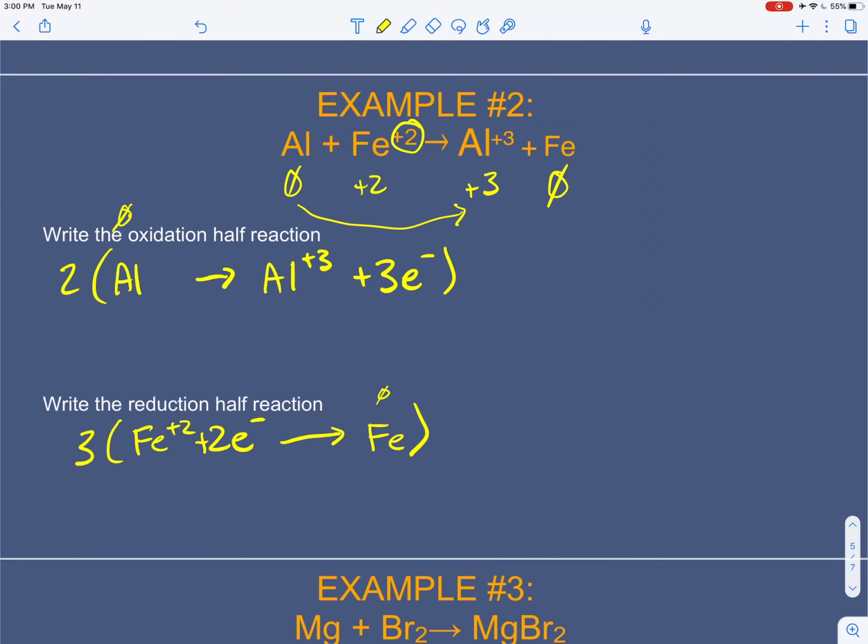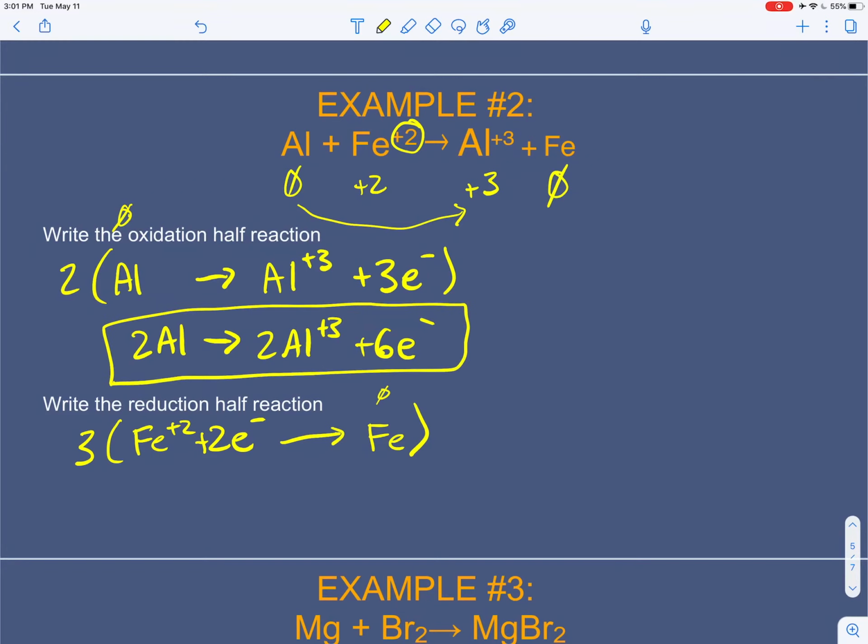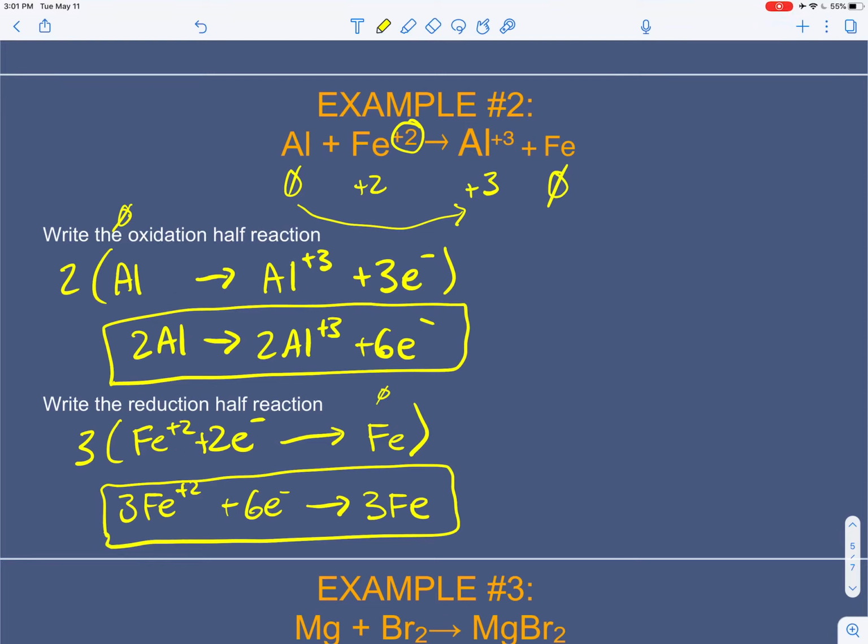And so I'm going to multiply the top by 2 and the bottom by 3. All right, and there you have it. We have both of our balanced half reactions. They have the same number of electrons. That's one way you can check. And you want to make sure the overall charge on both sides of the equation are the same. So in this case, they all equal 0.